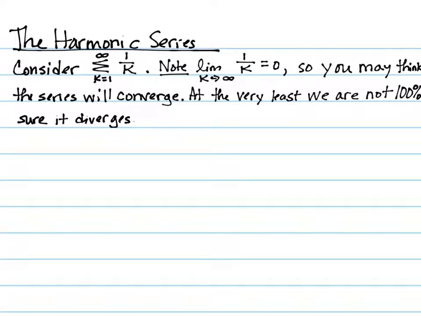So let's actually consider what this sequence looks like. So this is the summation from k equal 1 to infinity of 1 over k. So this is the sequence 1 over 1 plus 1 over 2 plus 1 over 3. And it continues on indefinitely, right? That's what the sequence looks like.